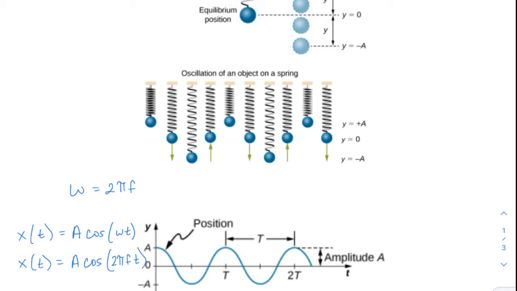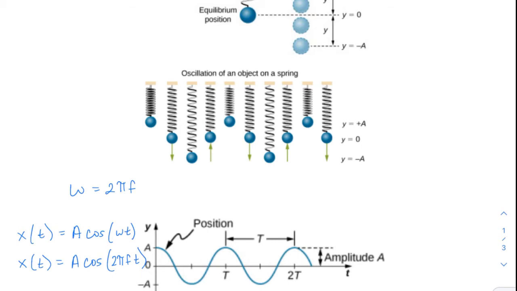Now, in calculus, you learn that the derivative of the position over time is just the velocity function. That's just the rate of change in position, which is velocity.